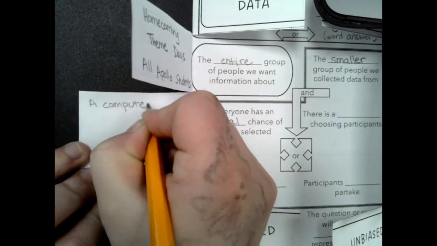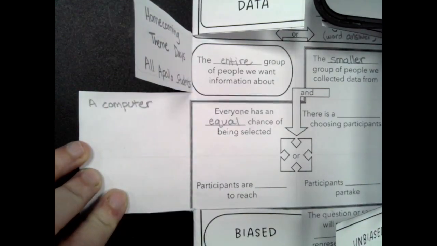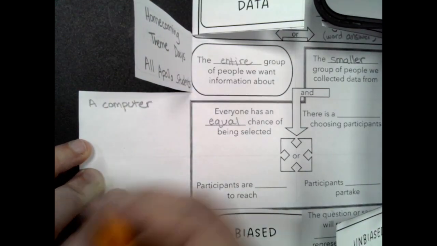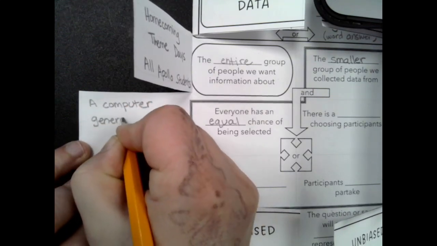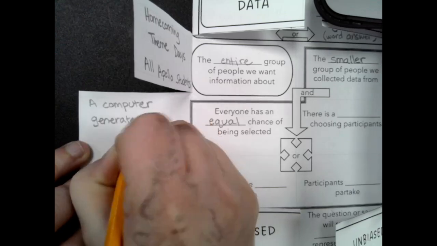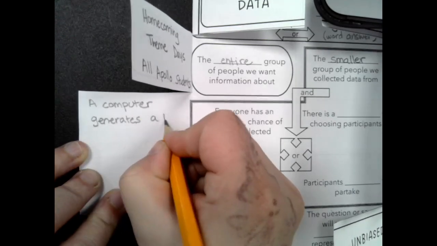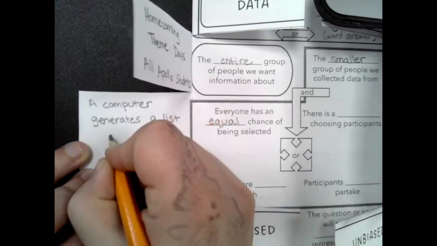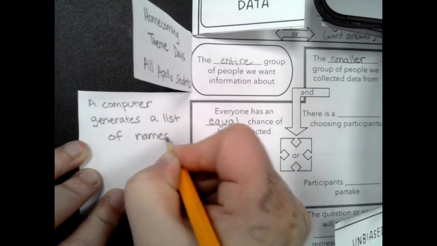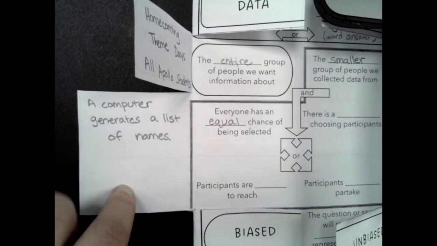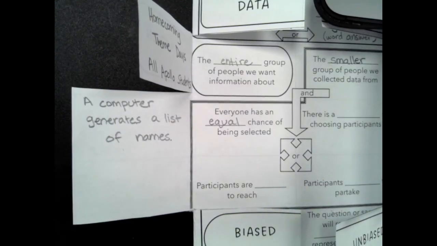We tell Skyward we need 300 kids. It just picks random 300 kids. So a computer generates a list of names, or it could be a list of student ID numbers. That would be random. Everyone's name is entered, and the computer is just picking them. There's no order, there's no rhyme. It's just deciding which ones to pick.